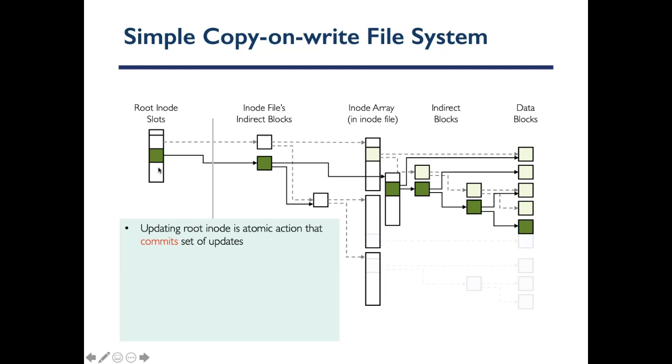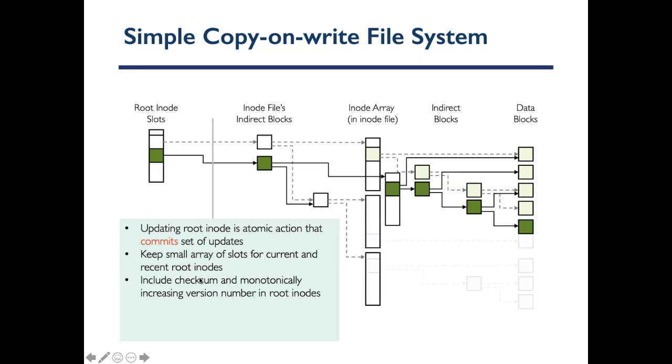So the difficulty here is that you probably want to have a limited space here for your root inode slots. So usually you keep some space for these inodes, and then you add a checksum and a version number so that you can track which one of these inodes is the most recent one.